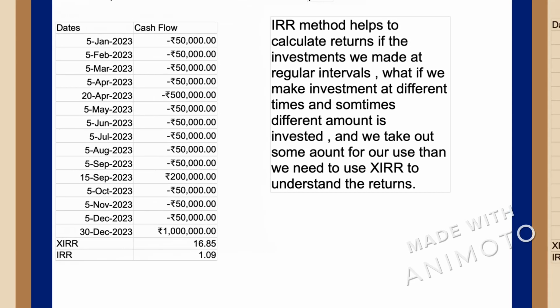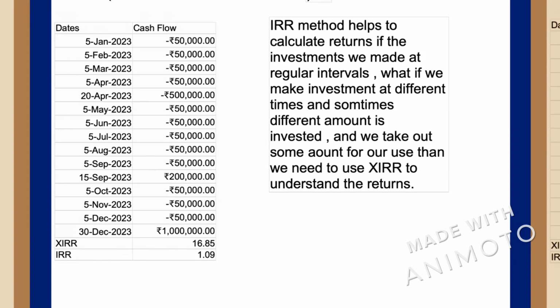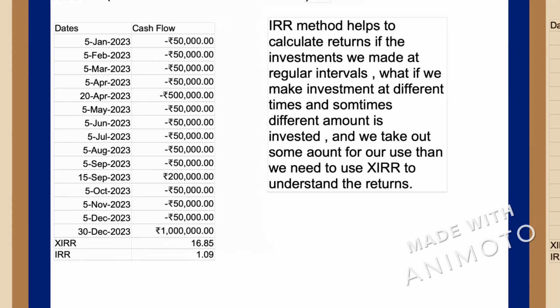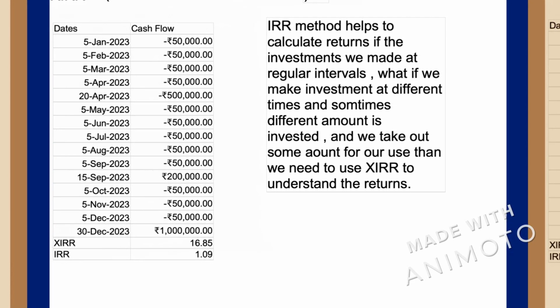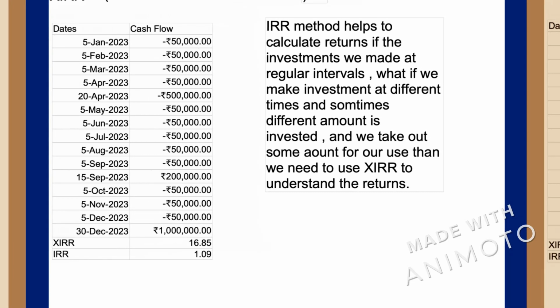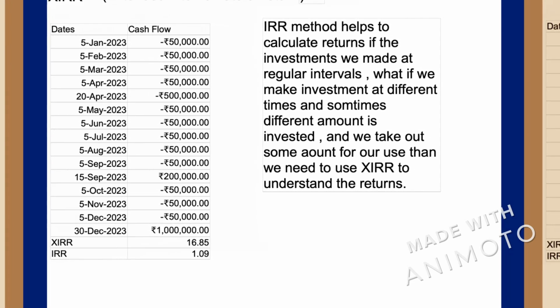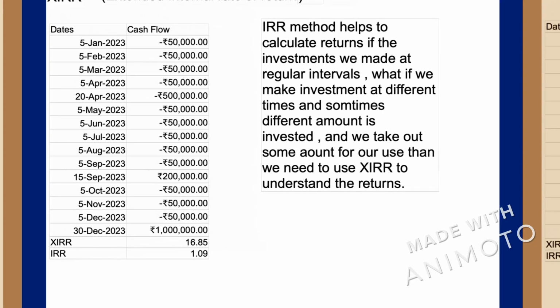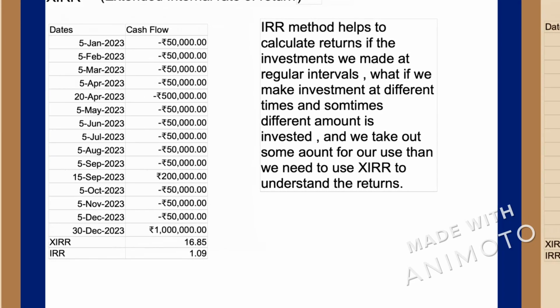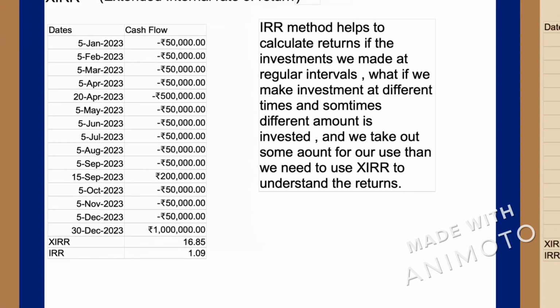So we have to use the extended version. The extended version, XIRR, takes into account the cash flows and the dates on which they were done. When you do this, you get a return of 16.85%. This is the best calculation tool available to us to calculate any kind of investment.